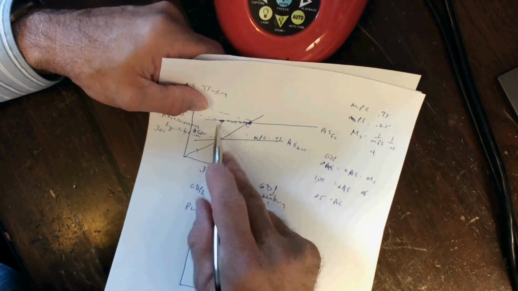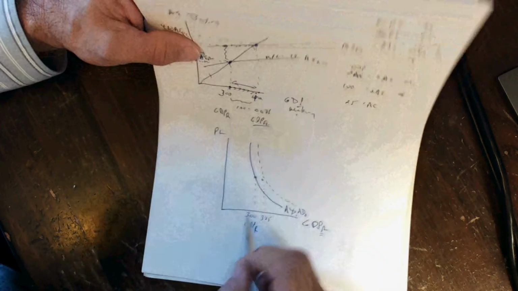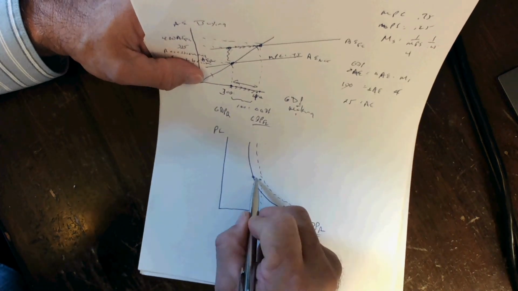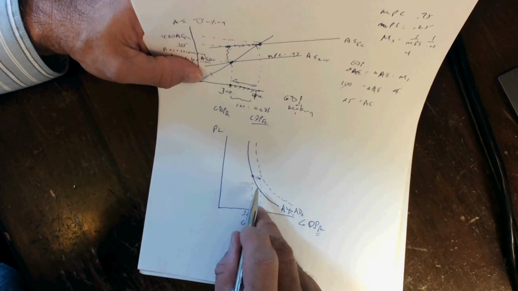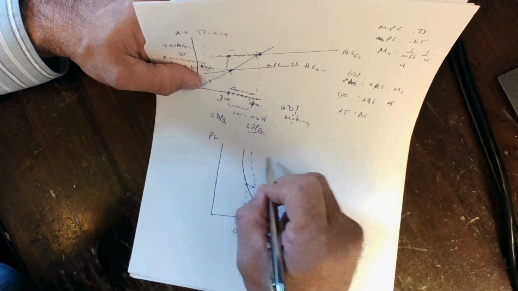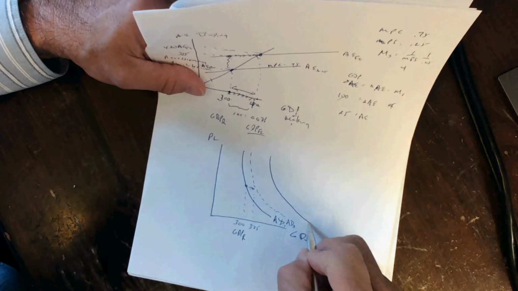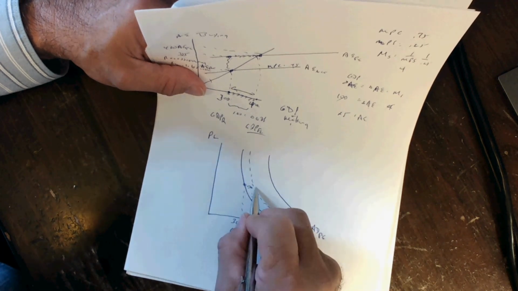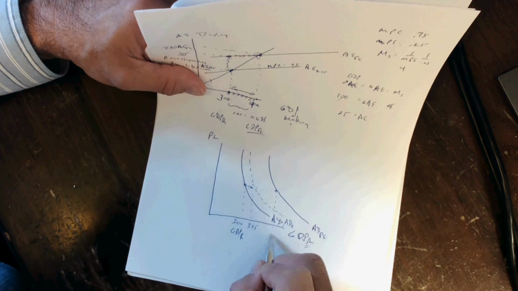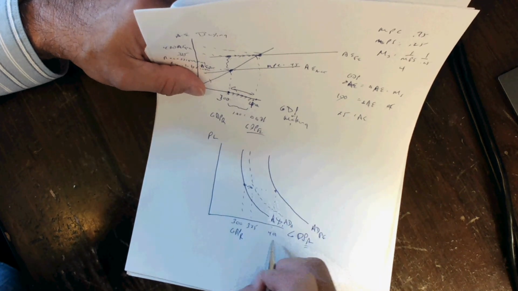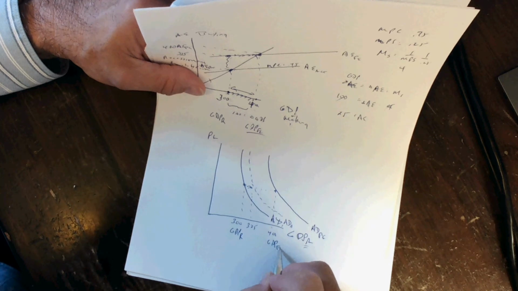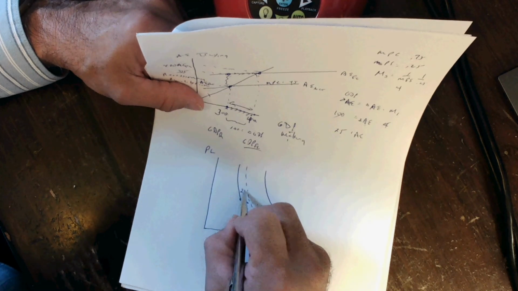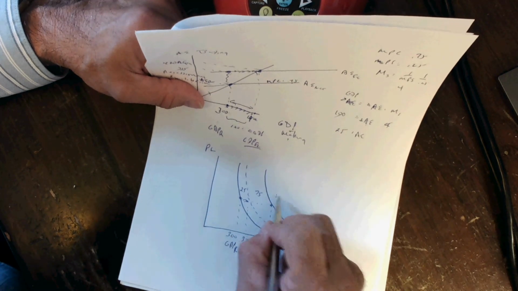So this is how it's represented on the aggregate expense line, and this is how it's shown in the aggregate demand, aggregate supply model. And then the invisible hand takes over and moves us out another 75. Notice this is a change of 25, and this is a change of 75, which equals 100.